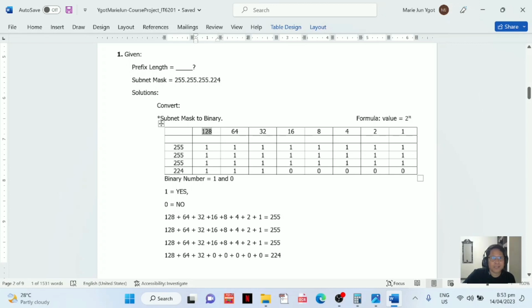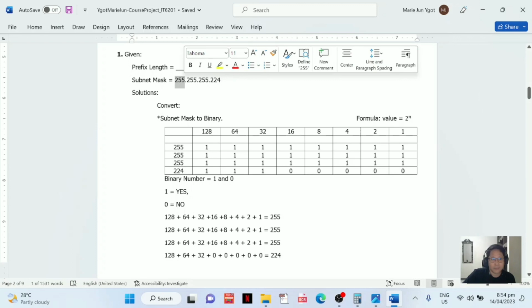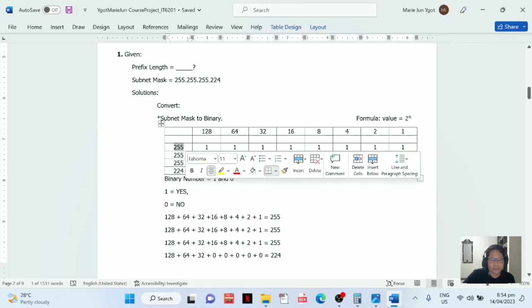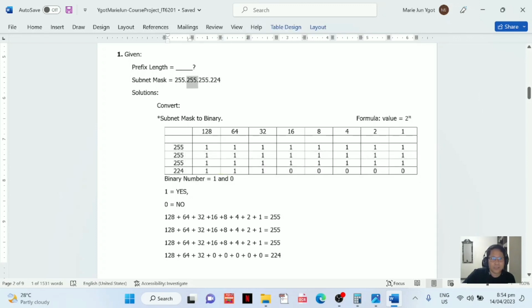Now we are going to convert the subnet mask to binary. Let's do the first octet first. We put it here, and the second octet also goes here. The third octet also goes here, and the fourth or last octet here.